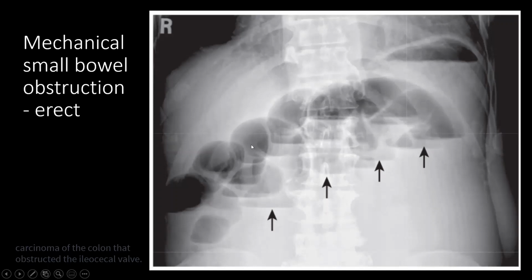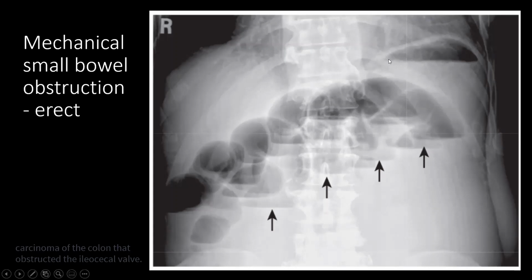These two sentences I want you to remember very carefully. If I have a step ladder sign, with dilated bowel loops and air fluid levels in dilated loops, in an erect abdomen X-ray, which is a patient who's standing.